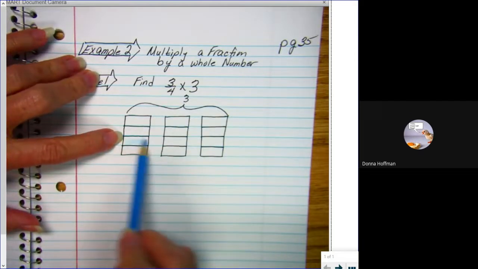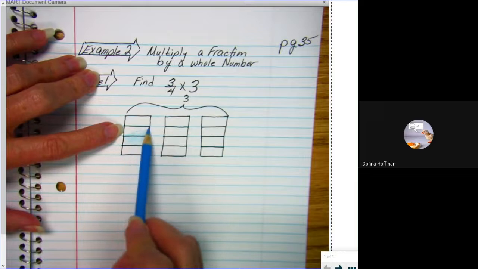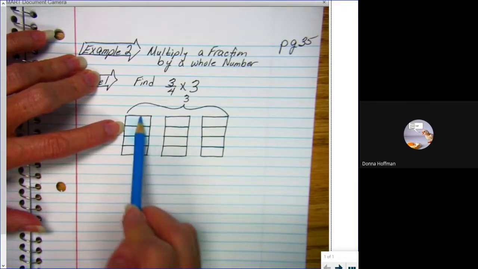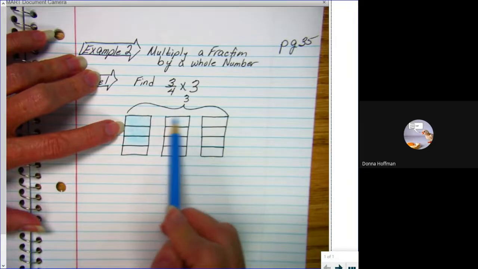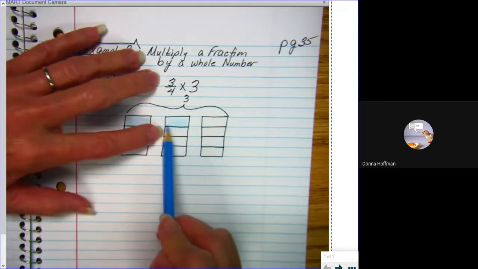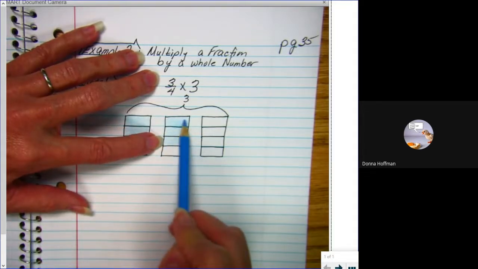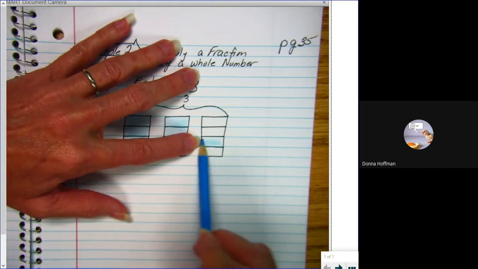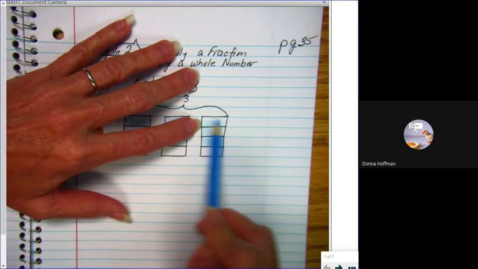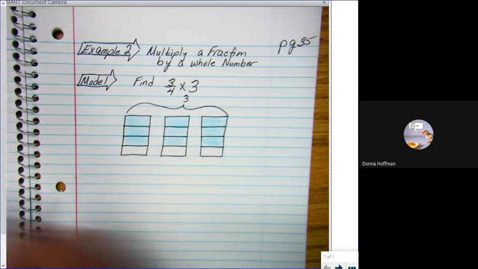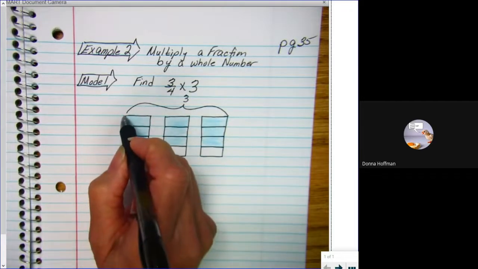I'm just going to use blue on this one, because when you're talking about whole pieces there's no point in doing a second color. This will give you what you need. And so that represents 3/4.